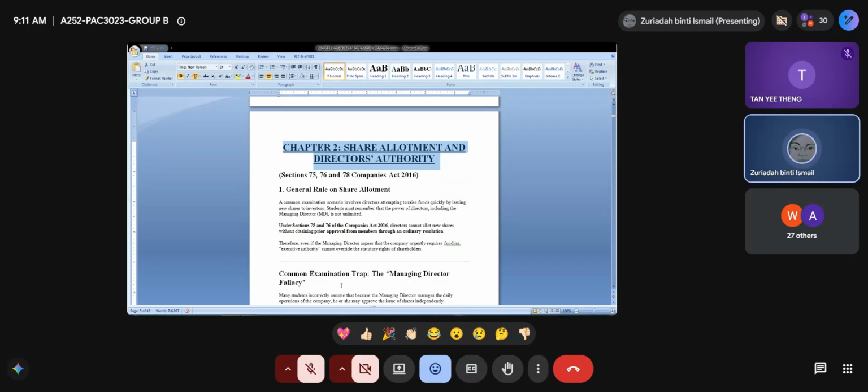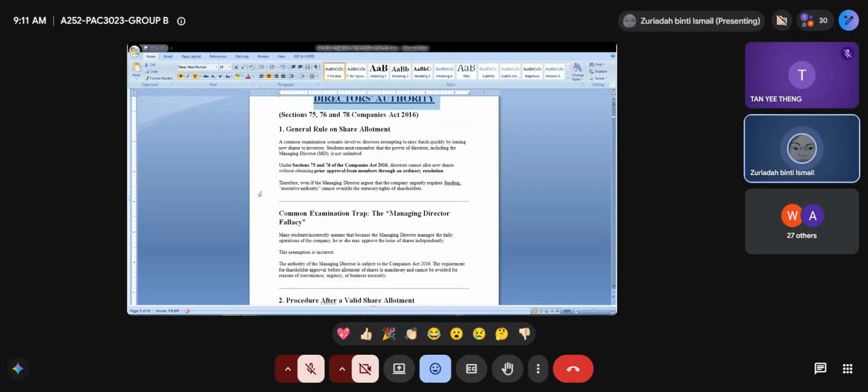For example, a common examination trap is when the question puts one of the categories of directors, for example managing directors. Why you must understand who the managing director is: a person who is engaged in daily business operation.